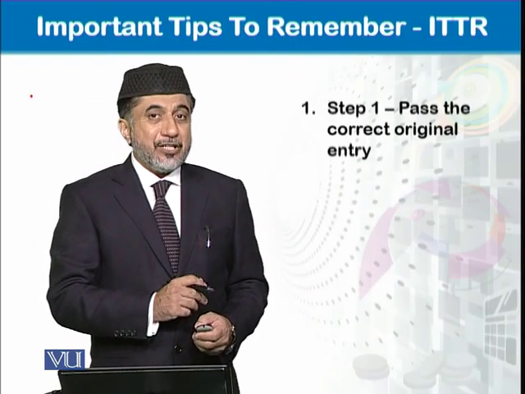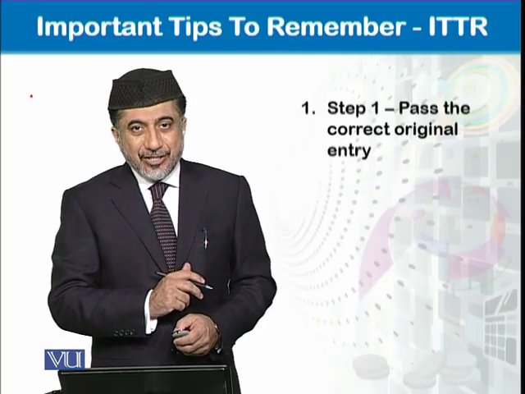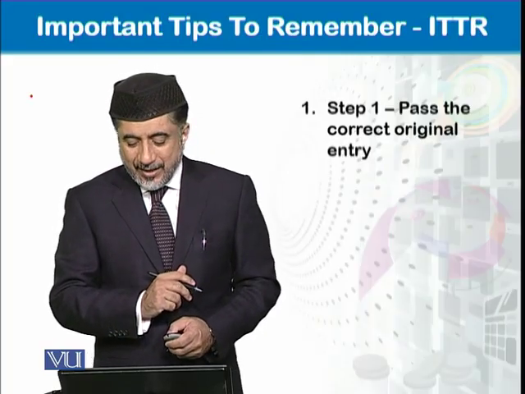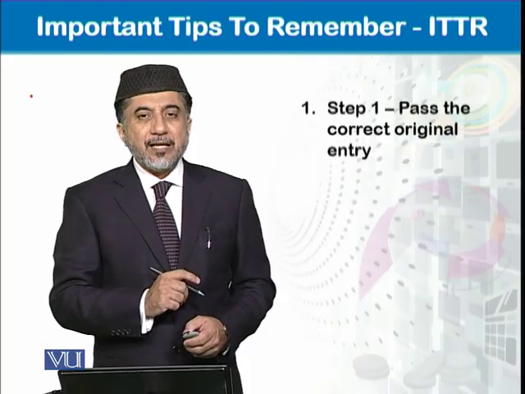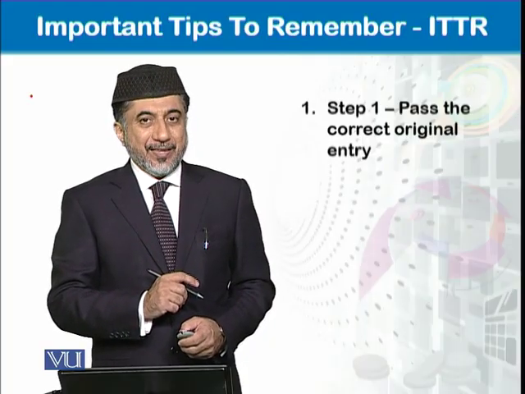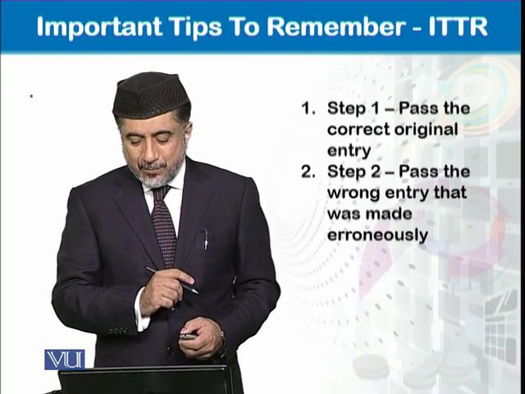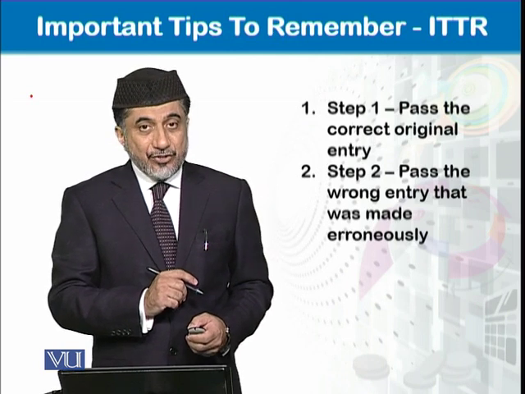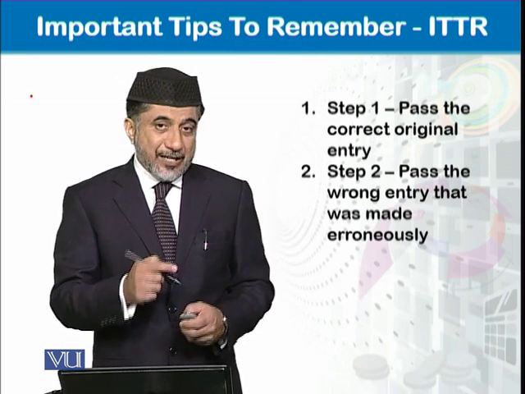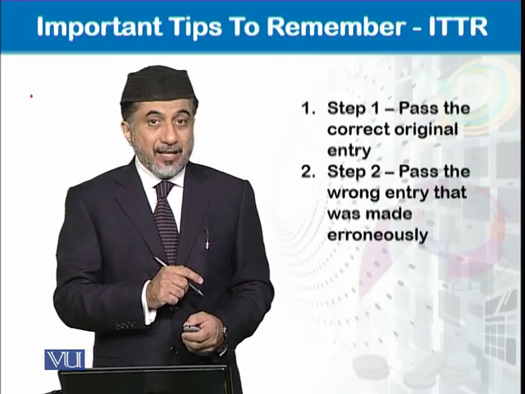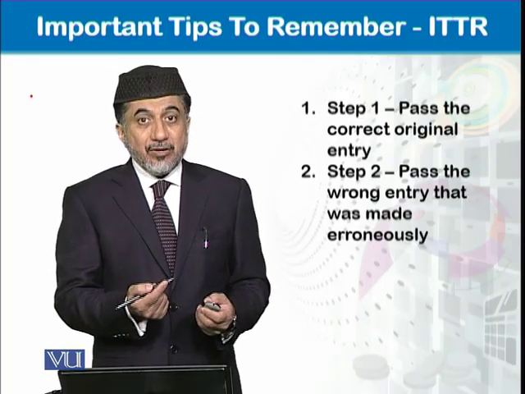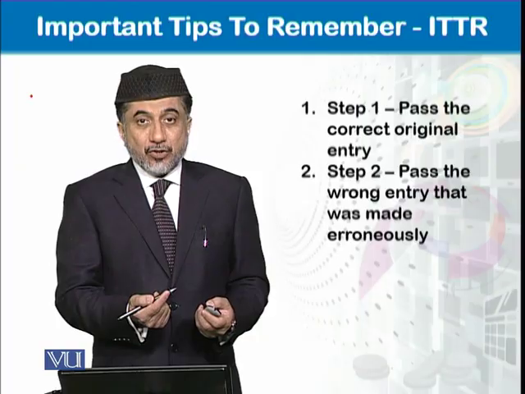So the important tips, the key takeaways in this module are: step 1, pass the correct original entry, as we did. Step 2, pass the wrong entry that was in fact made erroneously in the books of accounts. This is already appearing in the books of accounts.